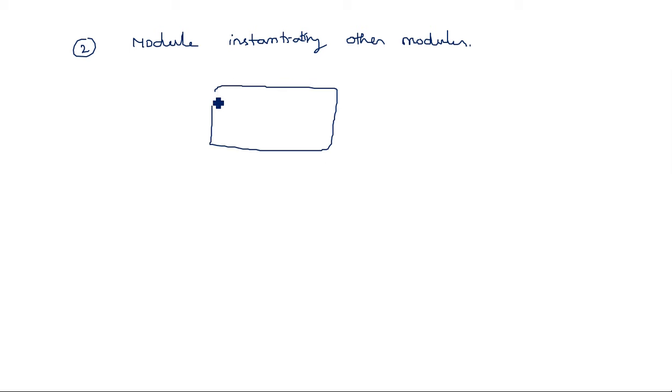And the second type is module instantiating other modules. Module instantiating other modules means you are having one main module or a parent module, like module A, with declarations and statements.